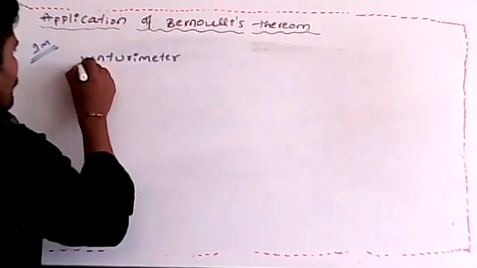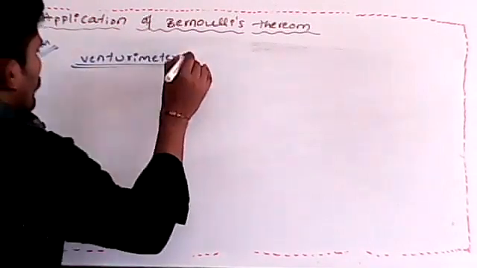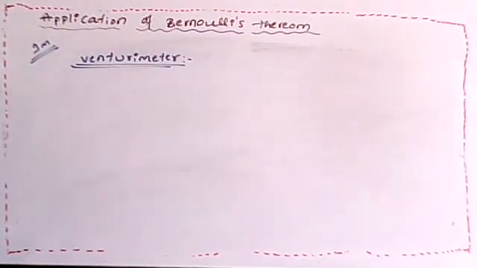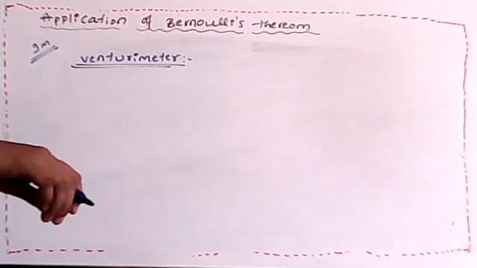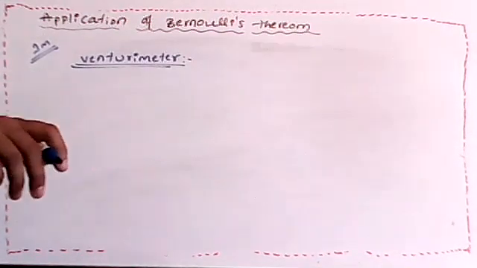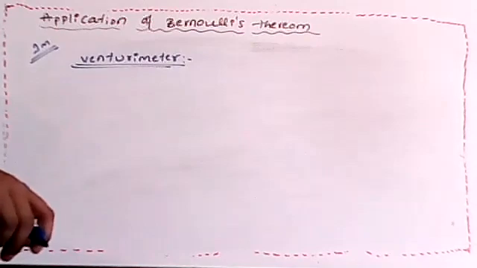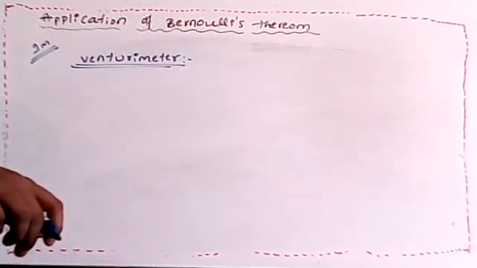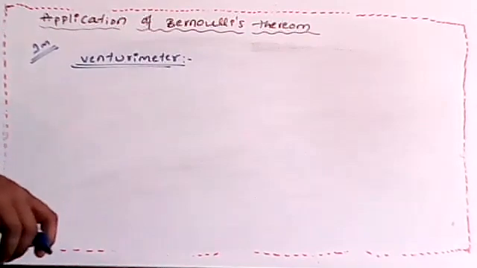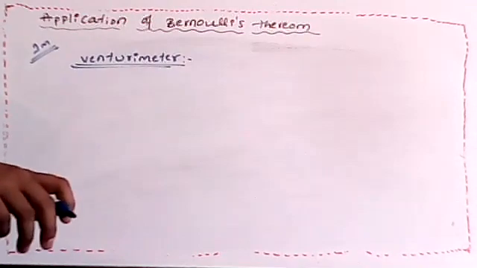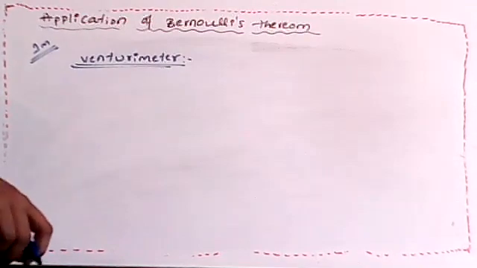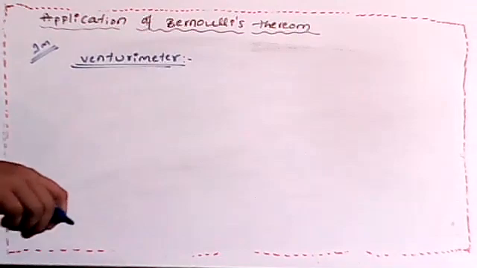Venturi meter. What do you mean by Venturi meter? It is a device, or we can say a machine, which is used to measure the speed of incompressible liquid, or we can say the rate of flow of liquid. So which is used for what?